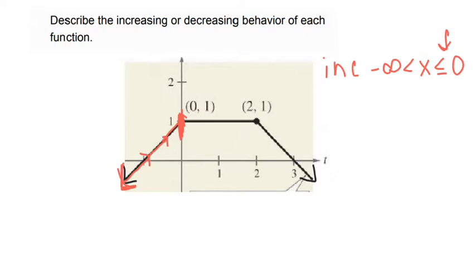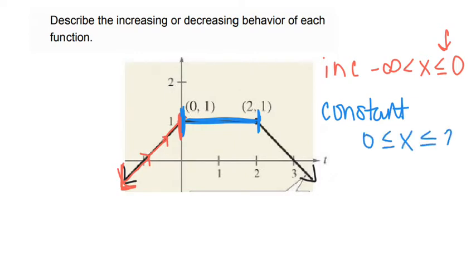This middle chunk is not going up or down. It is staying the same, so we would say that's constant. It plateaus there, and that happens between 0 and 2. Then this last section from left to right is going back down. Starting at 1, it starts going back down, so decreasing from 1 till forever, which is infinity.